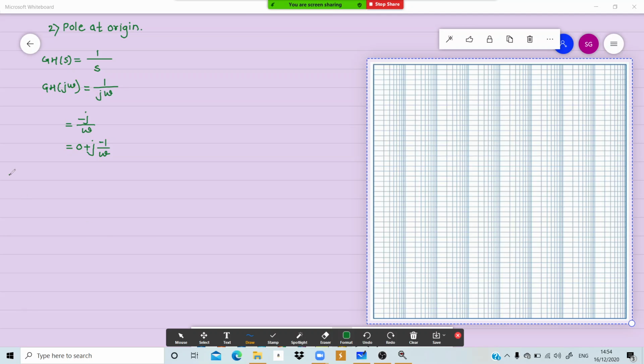So if I am talking about gain for this, that is the magnitude of GH j omega, then it is going to be 1 upon omega, correct? For the phase, that you denote by angle of GH j omega, this angle is going to be tan inverse of this upon this.